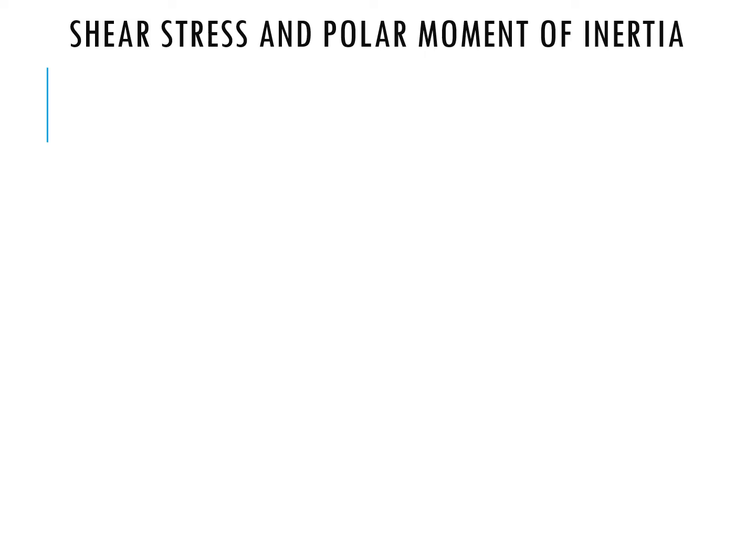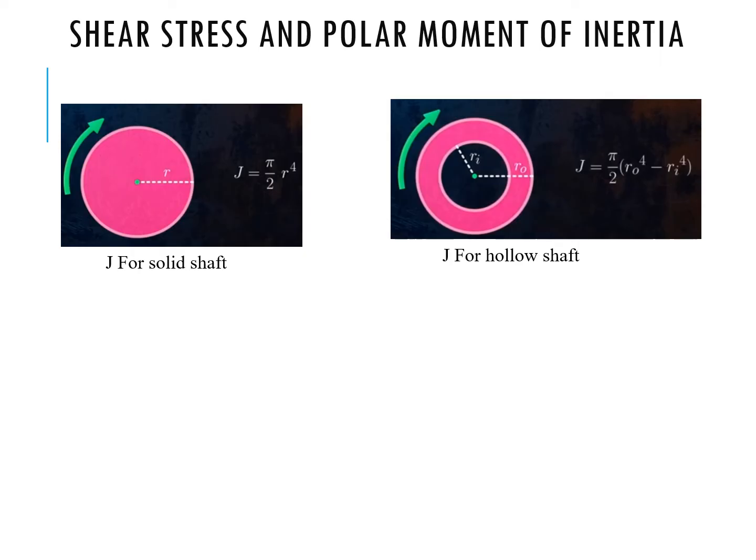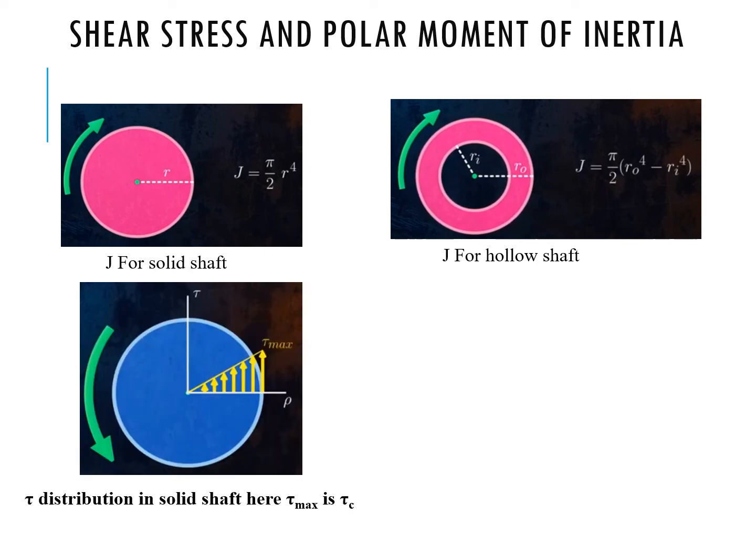Regarding shear stress and polar moment of inertia, we will discuss the effect of shape on J and shear stress. If we have a solid shaft, the value of J will be pi by 2 r raised to the power 4, and if we have a hollow shaft, obviously a hollow shaft has two radii, outer radius and inner radius, so the formula will change. And what would be the stress distribution?